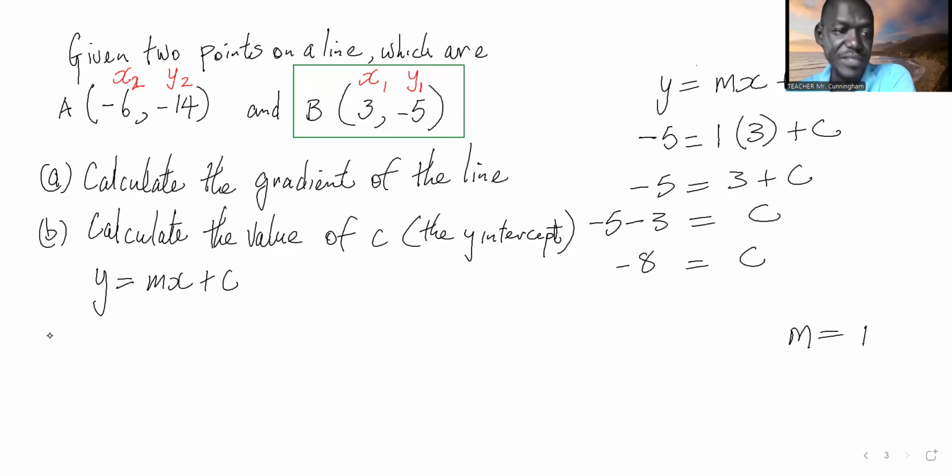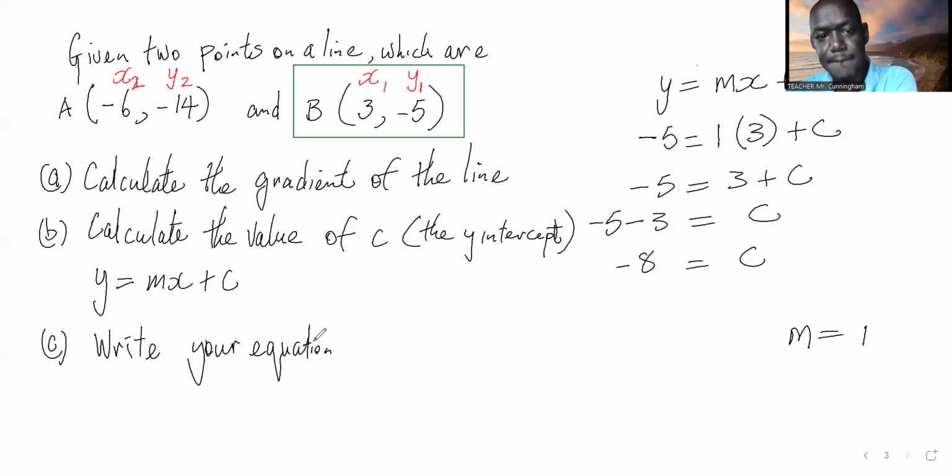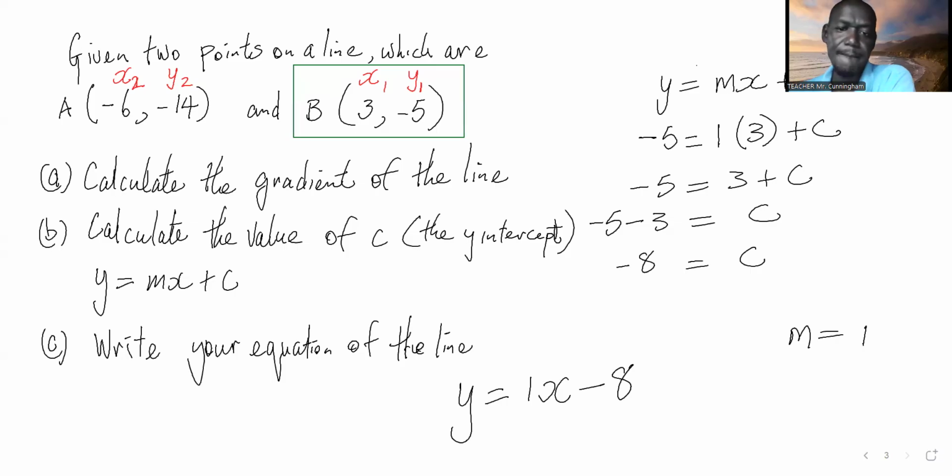So write the equation of the line. It will be y equals m, which is 1, x, and it's -8. y equals 1x minus 8, because the general equation of a line is y equals mx plus c.